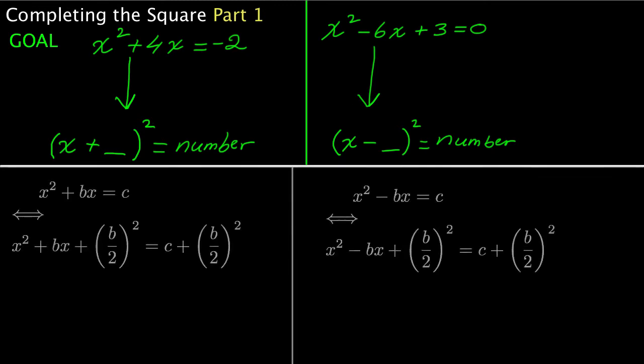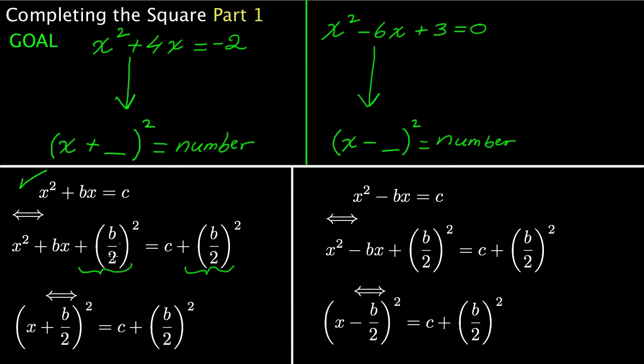The idea is, on the left side here, we have x squared plus some number times x equals c. And here we're using the addition principle of equality to add a quantity to both sides. And since we're adding the same quantity, this is equivalent. But the nice thing is, when we do this, the left-hand side actually turns out to be a perfect square binomial.